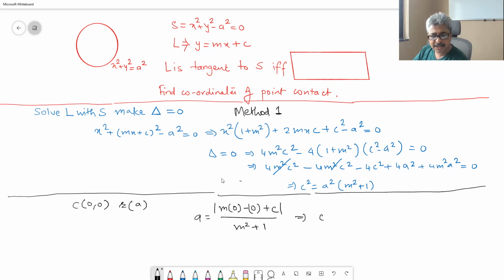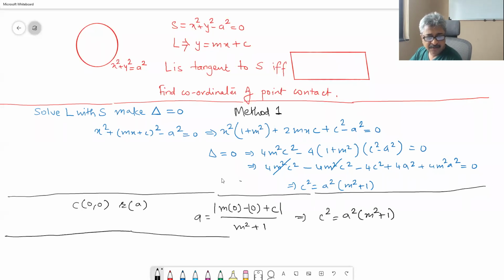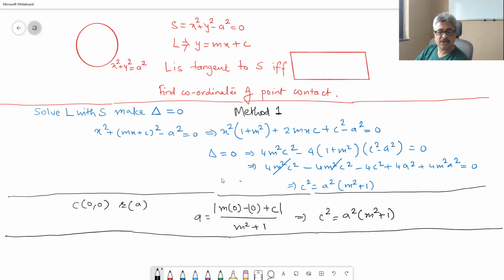Squaring both sides, we get c square is equal to a square into (m square plus 1). Oh, this is very fast. But it is a special case because it was a circle. Very, very fast. This is the fastest. The condition for tangency should be c square is equal to a square into (m square plus 1), cross multiplying. Here the radical is needed.